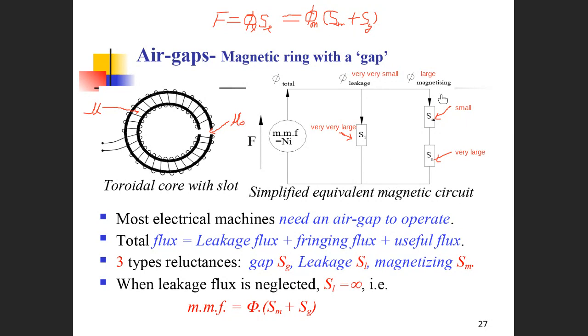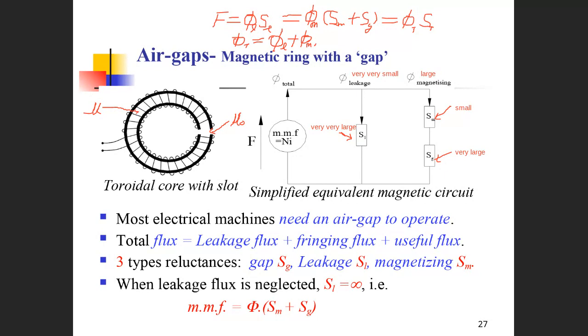The total reluctance is these two in parallel, so F equals the total reluctance times the total flux, and the total flux equals the leakage flux plus the magnetizing flux.